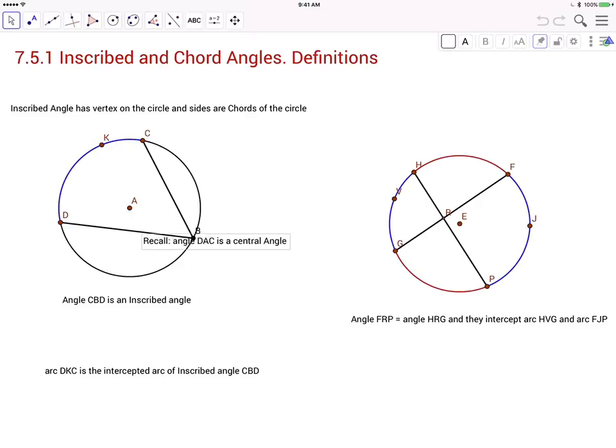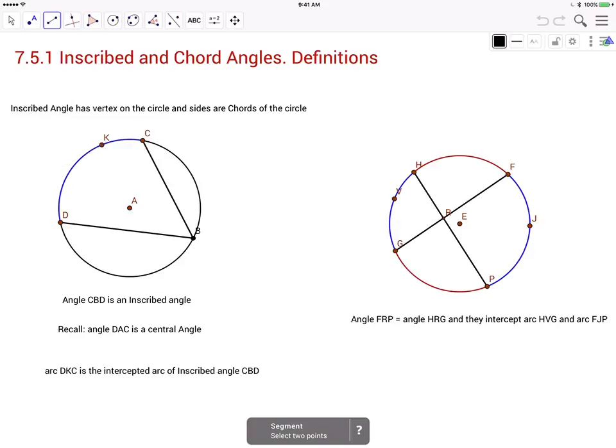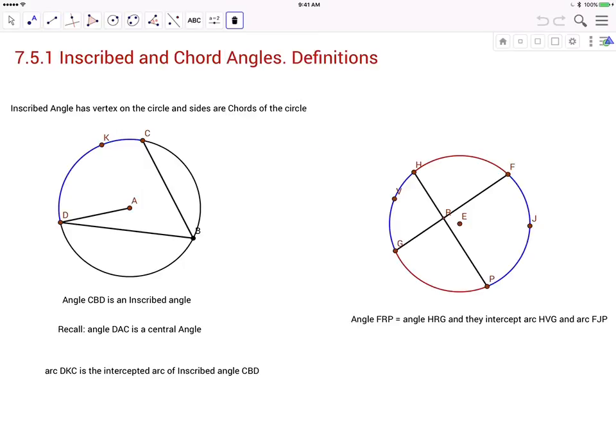Recall again the angle DAC, which if I put that in there, just briefly, that's a central angle, whereas the other one is an inscribed angle. Let me erase that, because I think that would probably be helpful.